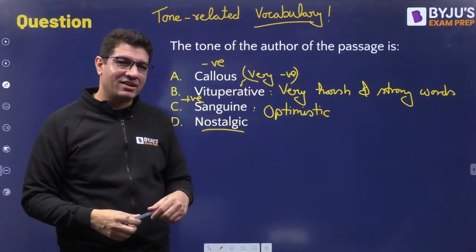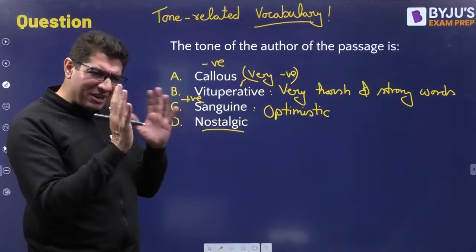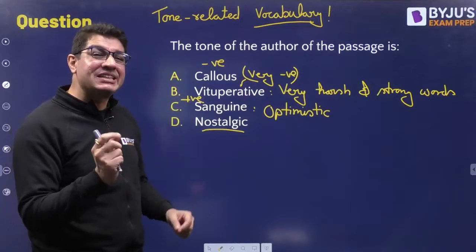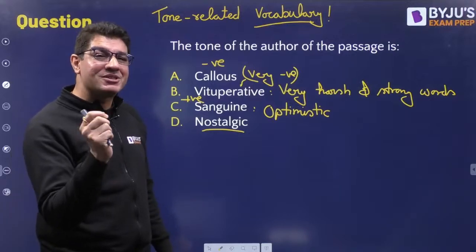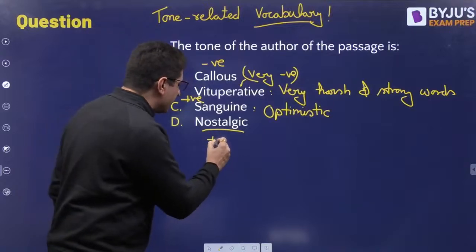That kind of feeling. That is why at times I think nostalgia overall leaves you in a very pleasant state of mind, but it is a sweet pain, because it also has that urge to take you back. But overall, I'd still say it is a positive word.